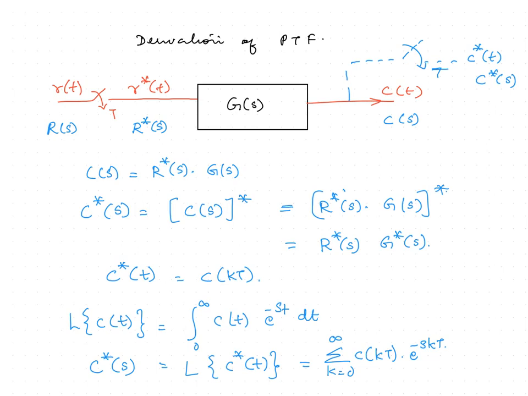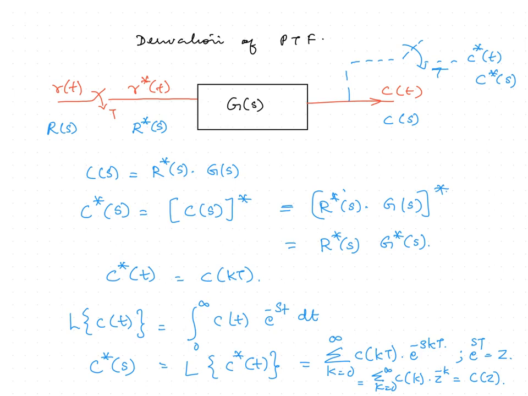If you substitute e raised to sT as z, then we can see that this is nothing but sigma k equal to 0 to infinity c(kT) into z raised to minus k. So that is nothing but C(z). So C star of s is basically the z transform of c(kT).